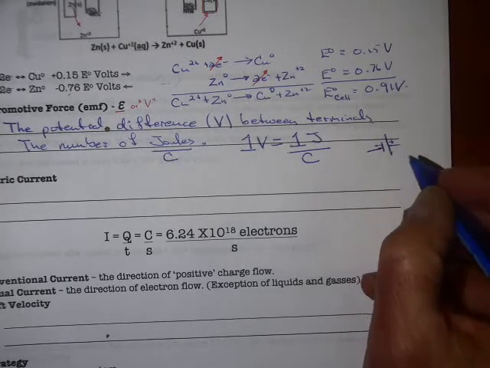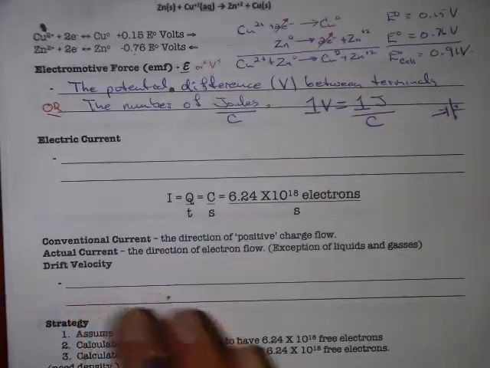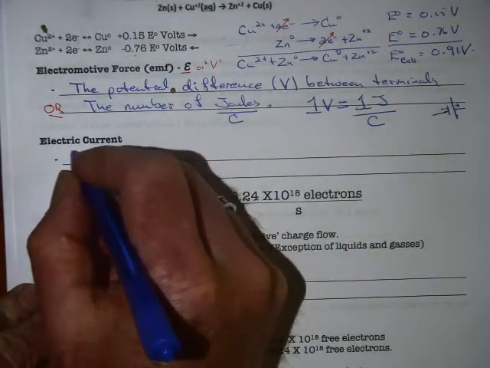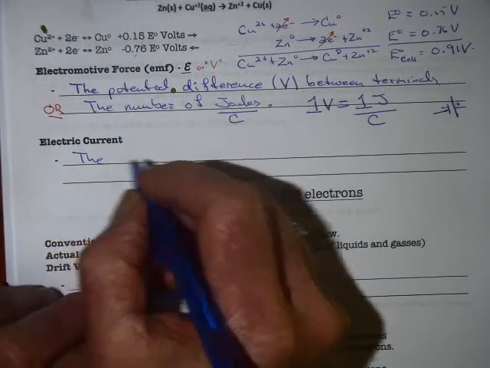Now, electric current is defined as the amount of electrical charge traveling by a point in 1 second.